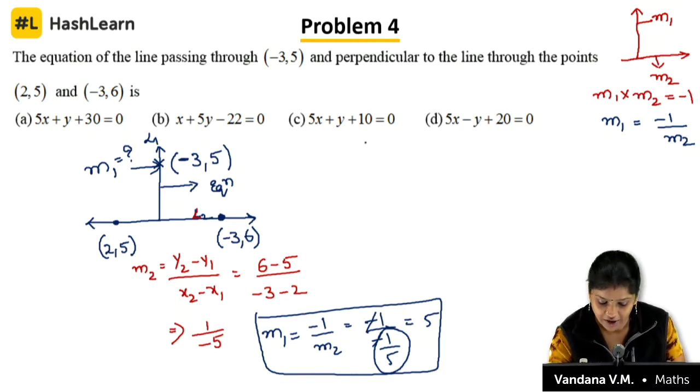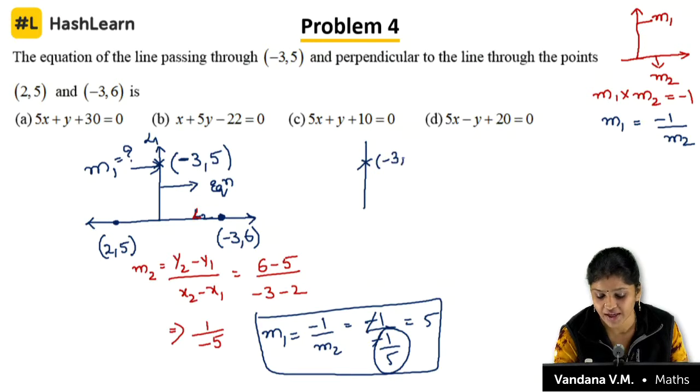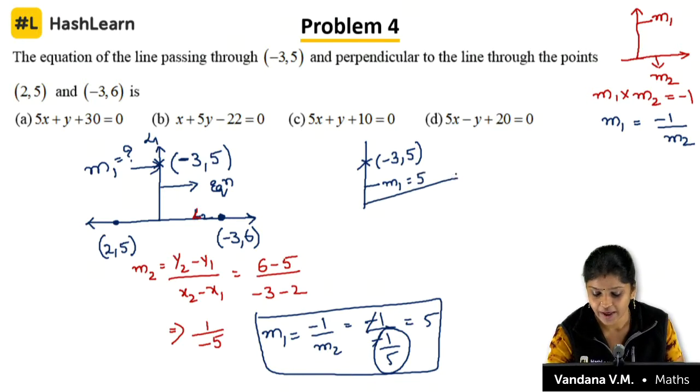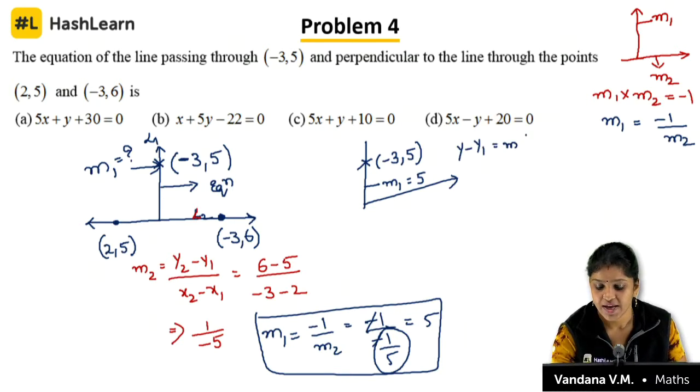Now clearly I know this line is passing through minus 3 comma 5, and I know the slope also, that is 5. How to find out the equation? Very simple. The equation is y minus y1 is equal to m into x minus x1.